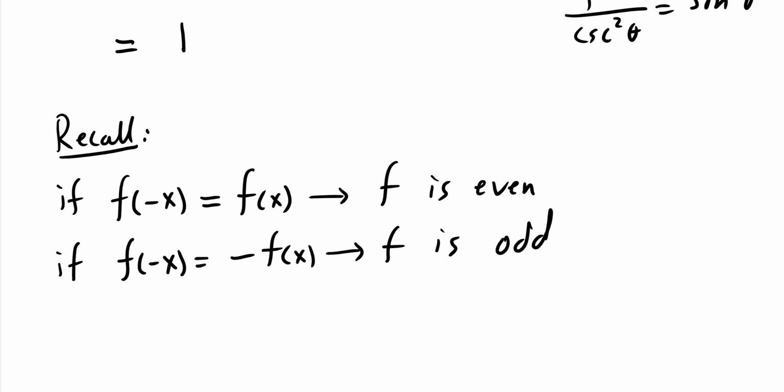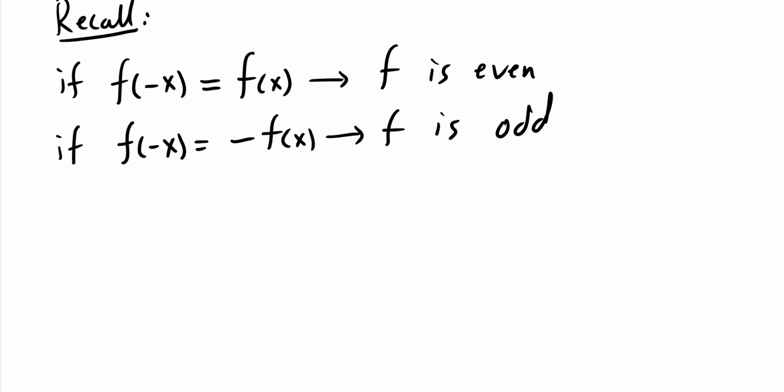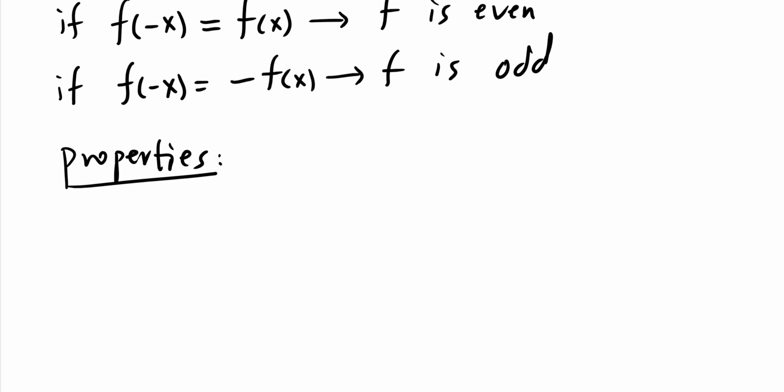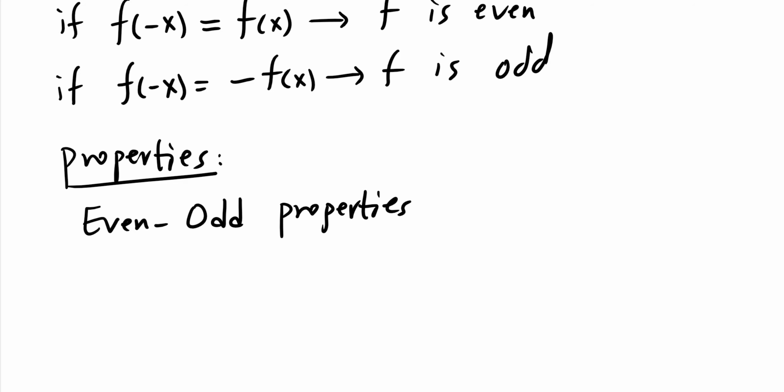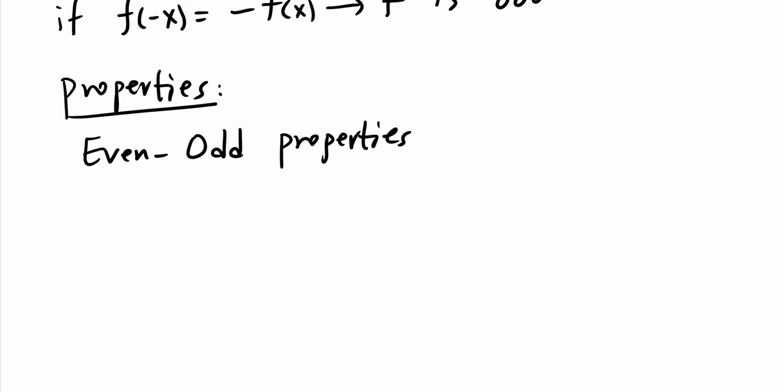This was applied in algebra. We can apply the same thing in trigonometry. So we say more properties here. We call them even odd properties. So what do we have in here?